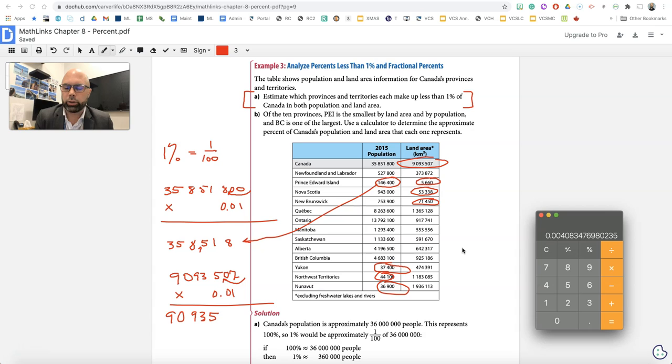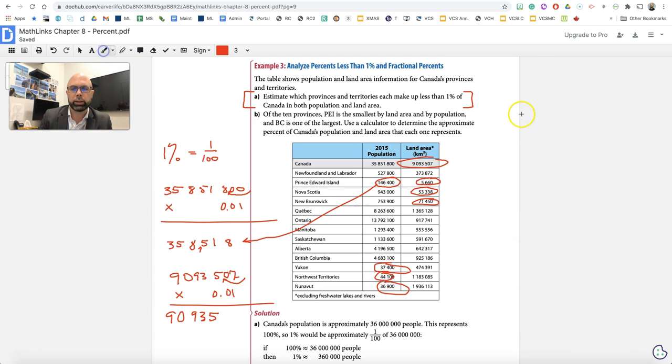Okay, so I was on the right track, just making a little bit of a mental boo-boo. So, of course, when the first two digits in our response are 0 and 0, we know it's going to be 0.something percent. So, it's not 4%, it's going to be 0.4%. So, that's my answer here for PEI in terms of population as a part of Canada.